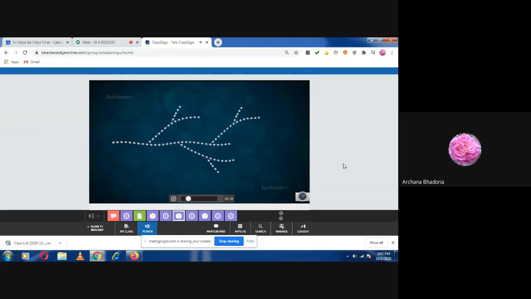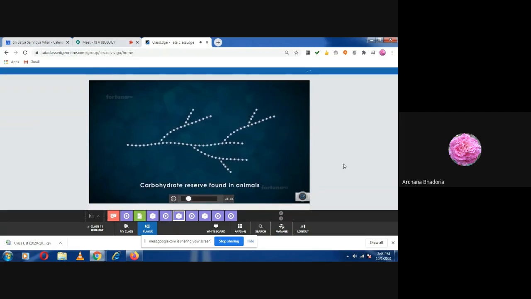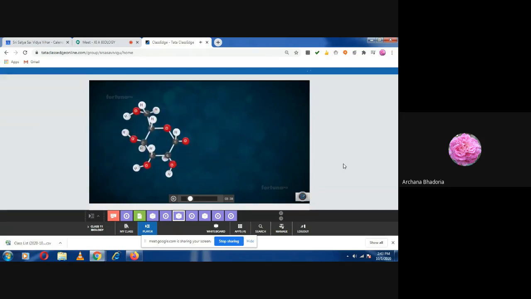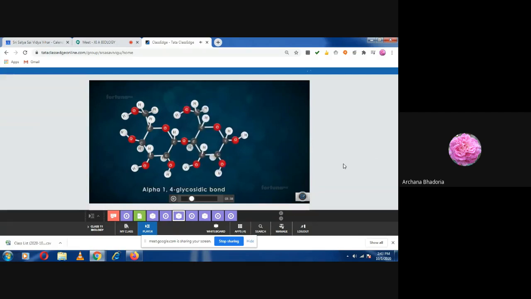Glycogen is a major carbohydrate reserve found in animals. Structurally, it is a branched chain polysaccharide made of alpha D glucose. The carbon atom number 1 from a glucose molecule is bonded to the fourth carbon atom of the next glucose molecule, forming an alpha 1,4 glycosidic bond.